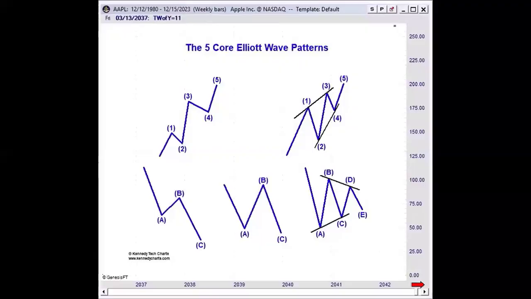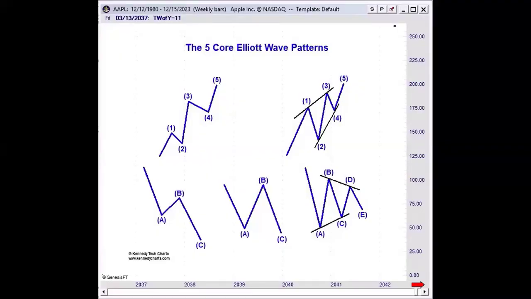One of the things I enjoyed doing when I wrote my book, Visual Guide to Elliott Wave Trading, was to take the next step from an analytical perspective with the wave principle and evolve it: now that we understand the wave principle and how it works and how to identify waves correctly, more importantly, how do we actually apply it from a trading perspective? I will be doing videos on that in the days and weeks to come.